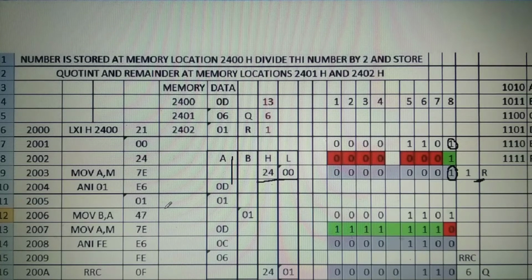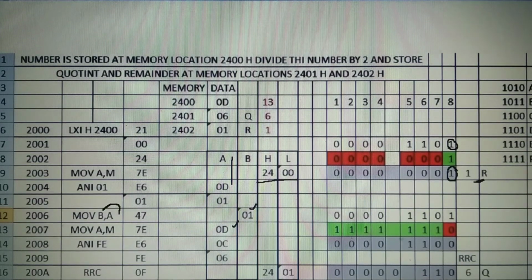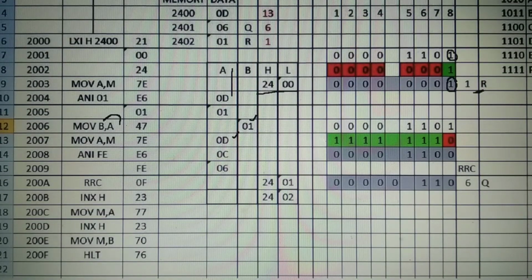Shift this remainder part to register B with the help of MOV B, A. MOV A, M: again the original number from memory 2400 is brought to the accumulator.